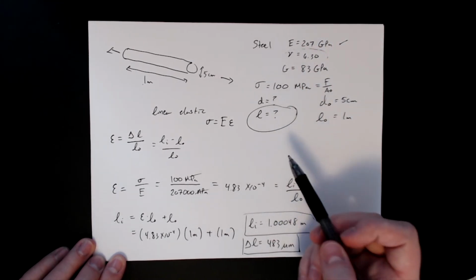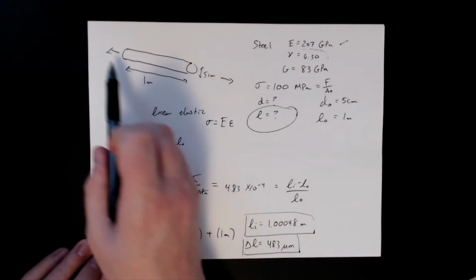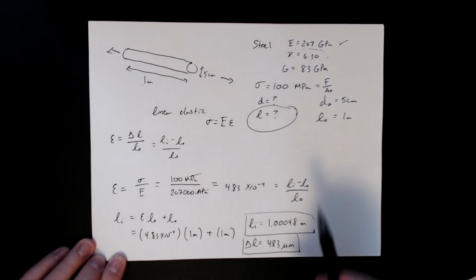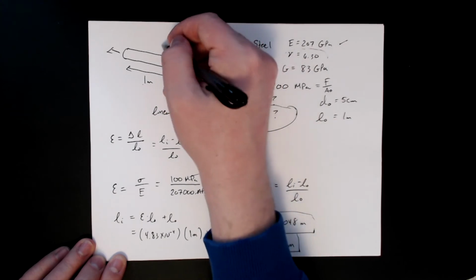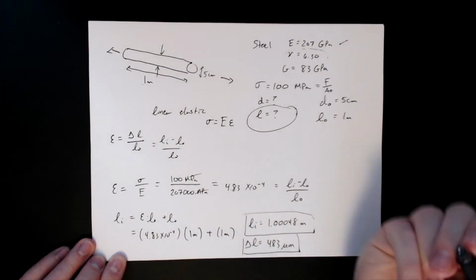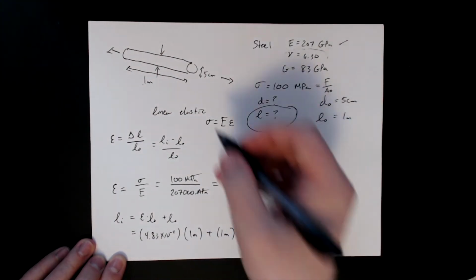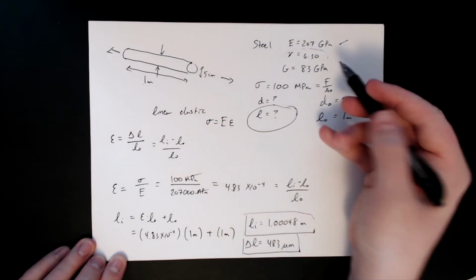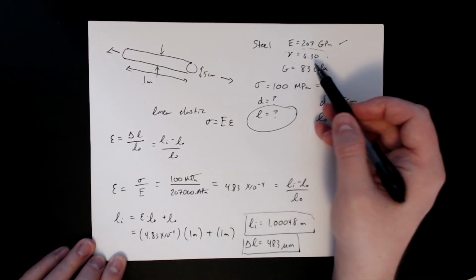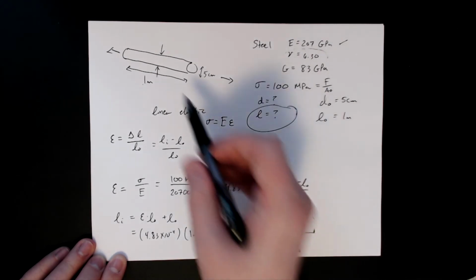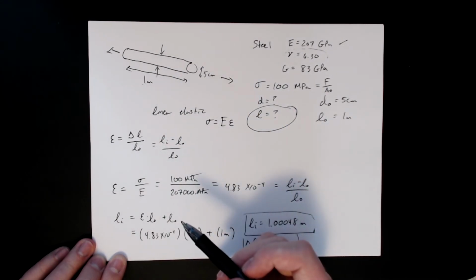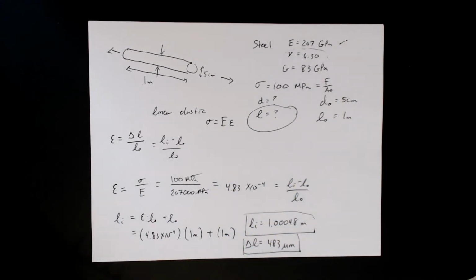Poisson's ratio was looking at the ratio between the axial strain, which we just calculated, this was the length, and then the lateral contraction, and that's related to this diameter. And so we can use Poisson's ratio since we have the strain in the axial, and we can find the lateral. So that's what we're going to do next.